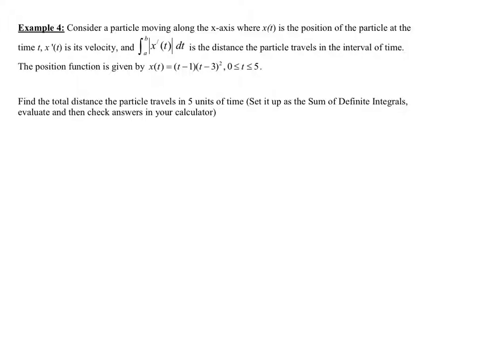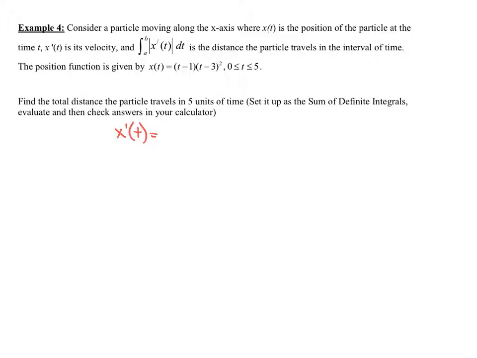All right, so we need to do a little bit of work here because we need the absolute value of the derivative of x of t. So what's the first thing we're going to have to do? Find the derivative, okay? So x prime of t, what are we going to have to use to find the derivative here? Product and chain rule.